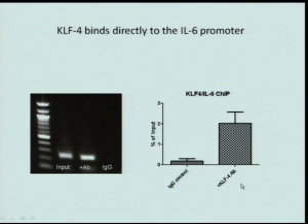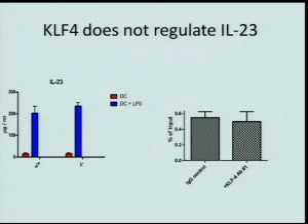And again, we wanted to look at whether this was a direct function of the transcription factor function of KLF4. So we analyzed whether KLF4 bound directly to the IL-6 promoter, again by chromatin immunoprecipitation, and it indeed does bind directly to the IL-6 promoter, indicating that it has a dual regulatory function on both the secretion of IL-6 and IL-17.